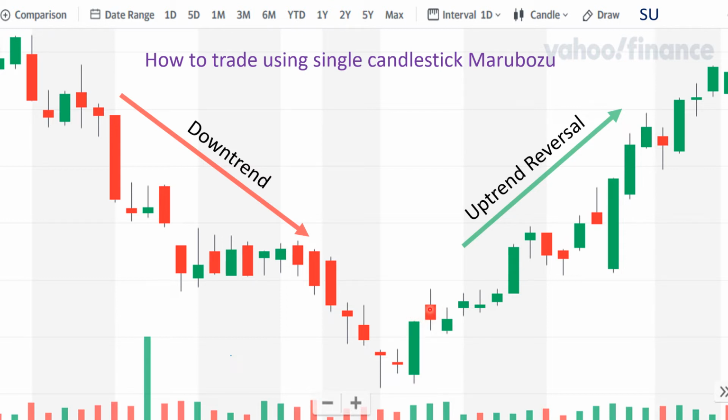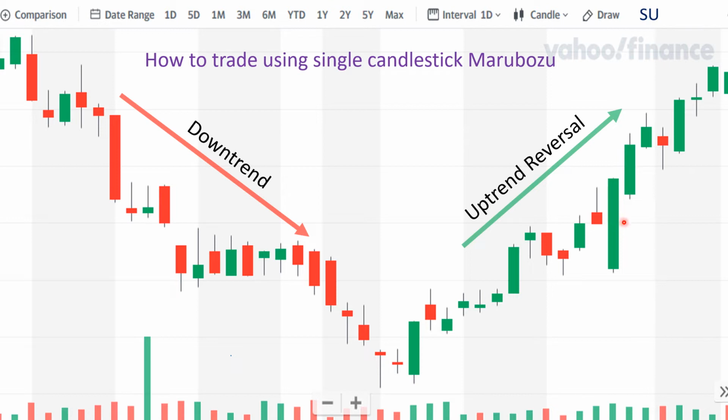So traders could enter the market as soon as this candle passes the close price of this bullish candle, and put their stop loss 1 or 2 ATR below the low of this Marubozu. The trend is going upward. You see this open type Marubozu as a sign of continuation.